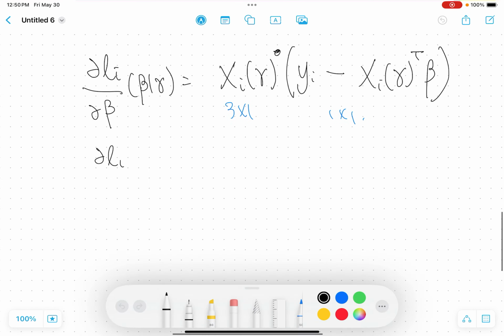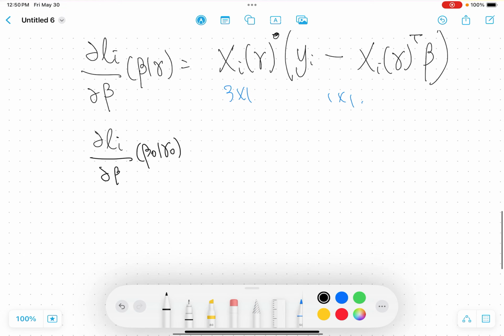So, sorry about that. So now I will plug in beta 0 and gamma 0. I plug the true values into this function, then you will get xi gamma 0 times yi minus xi gamma 0 transpose beta 0.